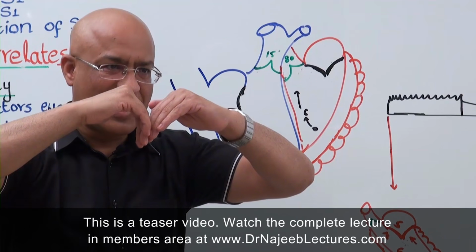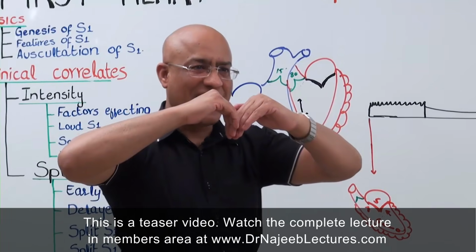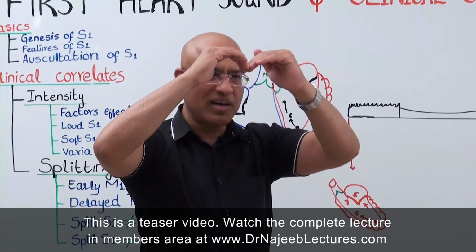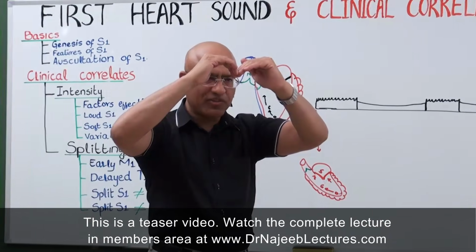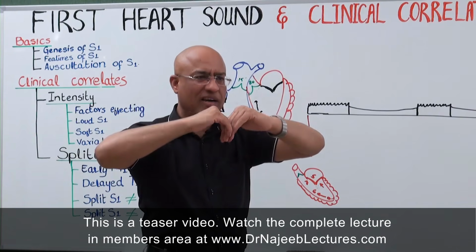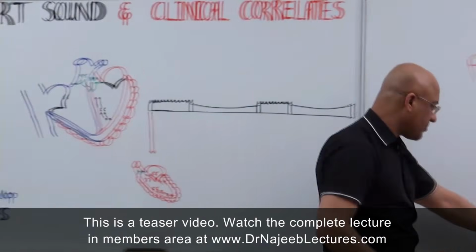After that, these two leaflets become like a diaphragm, and rising intraventricular pressure pushes them backward towards the base of the heart, while the chordae pull them to the apex of the heart, and these structures vibrate.